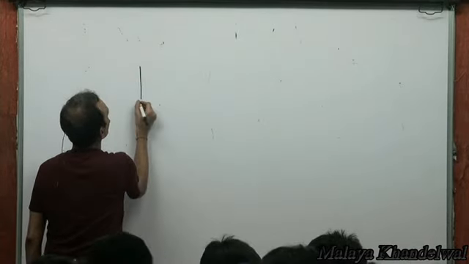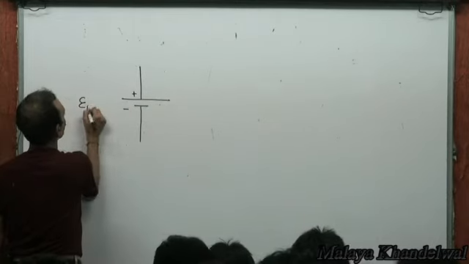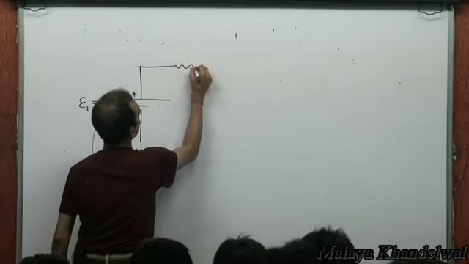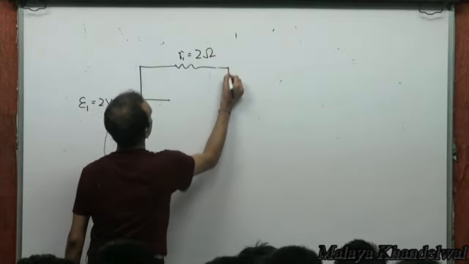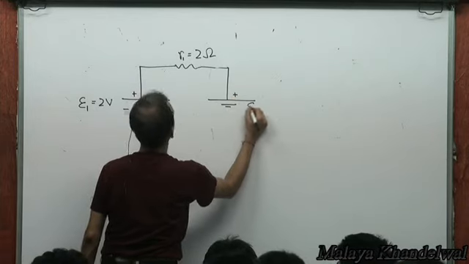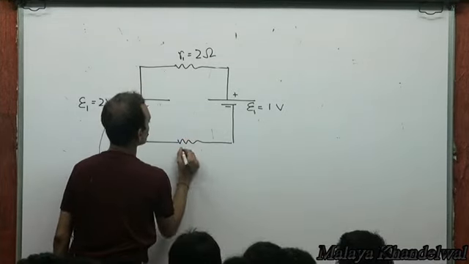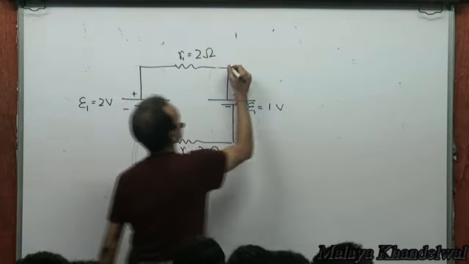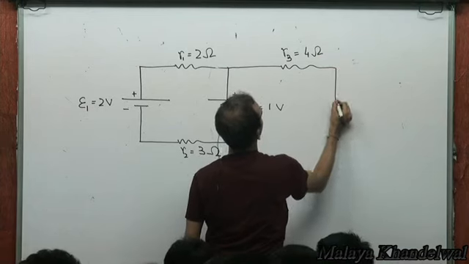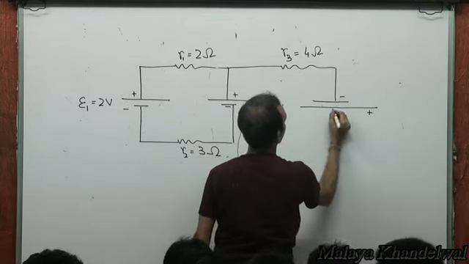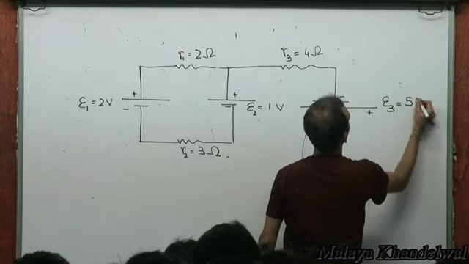Say I have an ideal battery EPSA 1 equal to 2 volts, a resistance R1 equal to 2 ohms, another ideal battery EPSA 2 equal to 1 volt, and a resistance R2 equal to 3 ohms, and say there is another loop with R3 equal to 4 ohms, and a battery EPSA 3 equal to 5 volts.